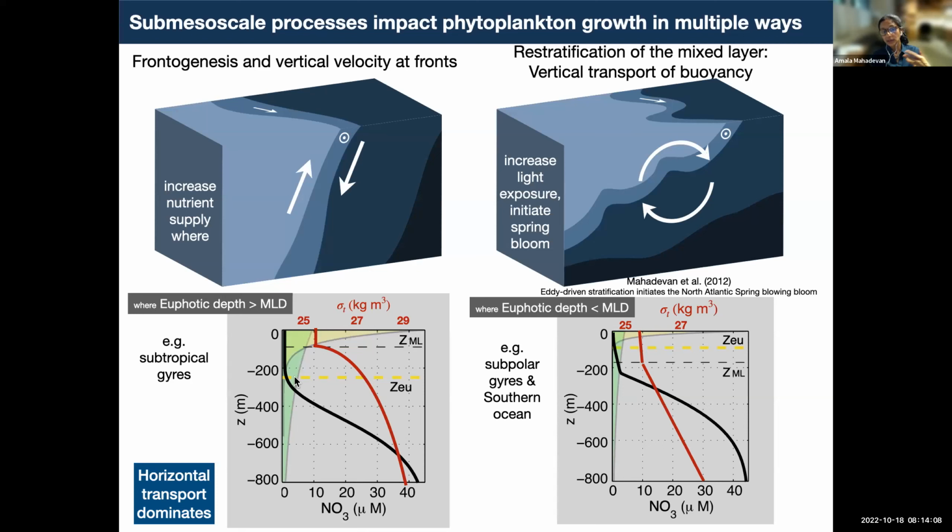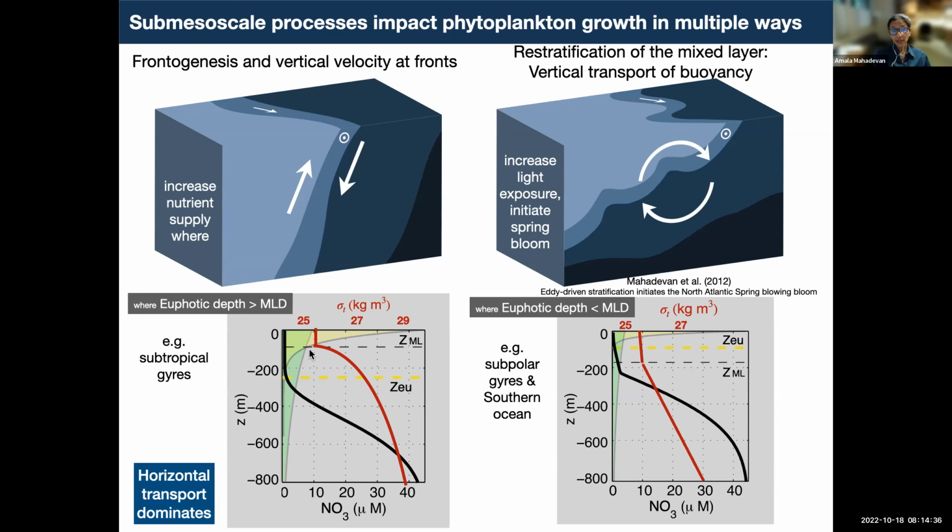I'm going to term those places as subtropical gyres, where this dynamics of vertical motion is important, because if you look at a nutrient profile, we find that nutrient is depleted to a depth below the mixed layer. And so the nutricline is deeper than the mixed layer depth. And so the uplift, or the upward transport of nutrients into this layer, even below the mixed layer, is where you see a lot of the productivity occurring, and it's missed from satellites.